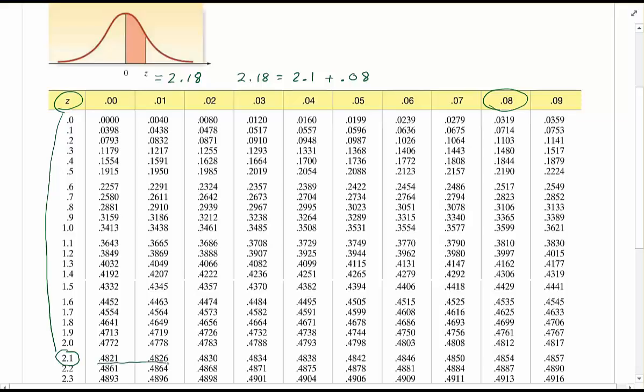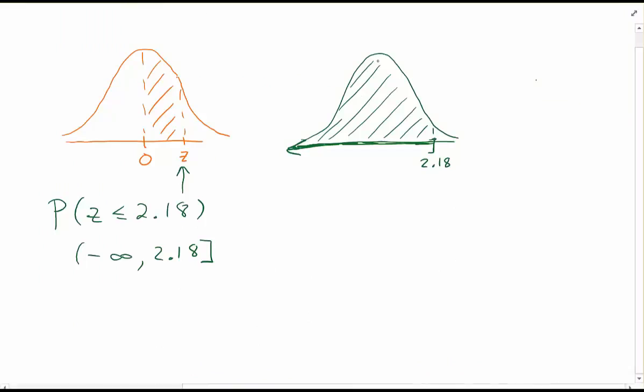So looking along row 2.1 and then over to column 0.08, I see 0.4854. So going back here, standard normal goes from 0 out to my z value. So this part of it is given by the table: 0.4854.